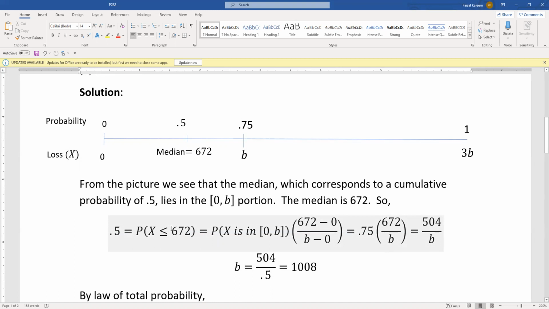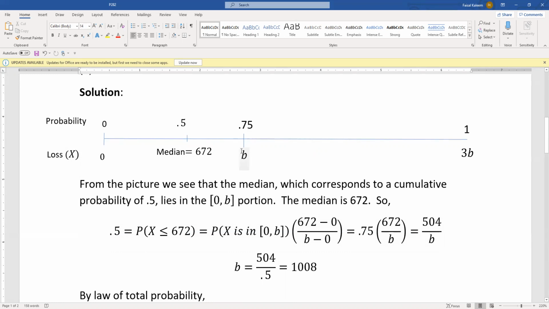Normally, if you imagine this portion from 0 to 0.75 was your whole uniform distribution, then the probability that x is less than or equal to 672 would be, by interpolation, 672 minus 0, the portion which is less than 672, divided by the total length of the interval, B minus 0. That's what we would do if 0 to B was our complete interval.